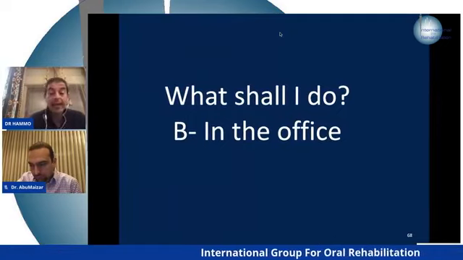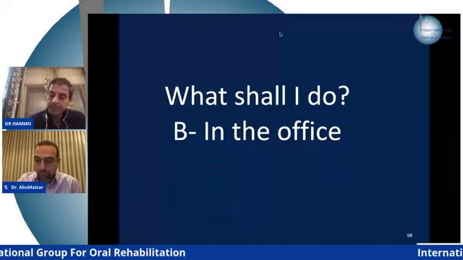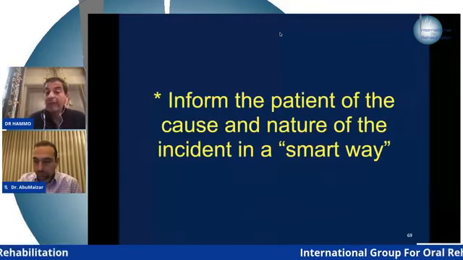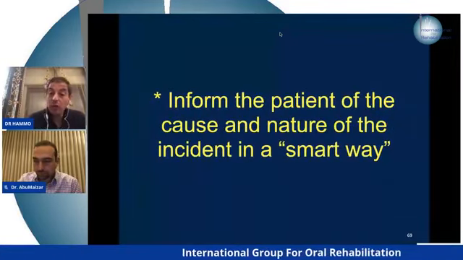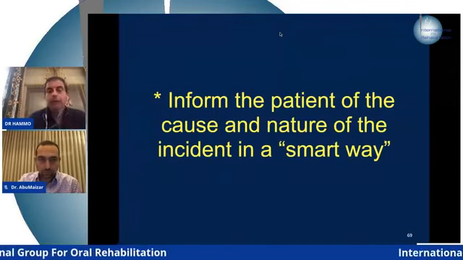Now, the second phase: what shall I do in the office? We have to inform the patient of the cause and nature of the incident in a smart way.